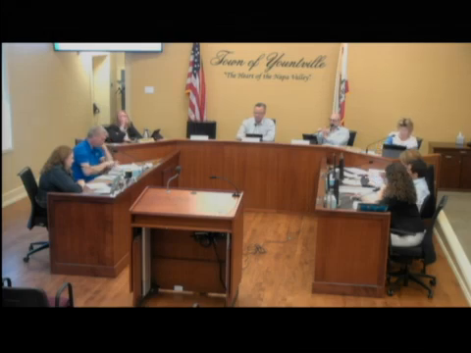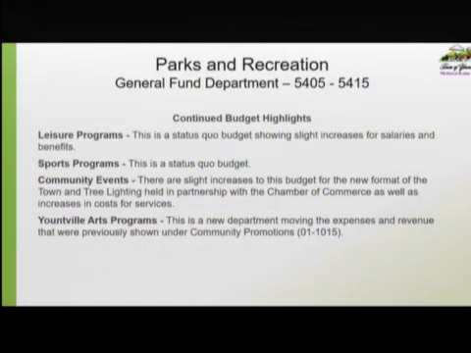Yeah. Okay. Next. So the next department is the 5415. This is the Yountville Arts Program. This is a new department where we've moved expenses and revenue that were previously shown under the community promotions budget. It shows a $25,000 subsidy that the town gives to the Yountville Arts Commission to operate programming each year. We are also working on, as you know, the Yountville Community Foundation has now started, so they'll have some accounting under the foundation as well.